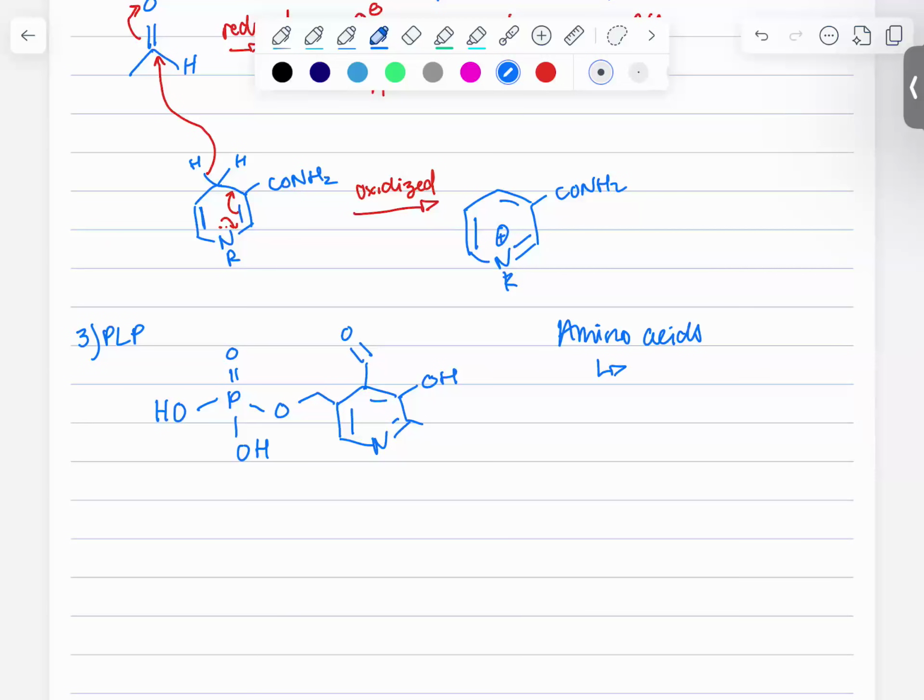There are two major examples of the reactions it can do with amino acids. One is racemization, and that is basically just changing the chirality of a specific center. The other one is decarboxylation.